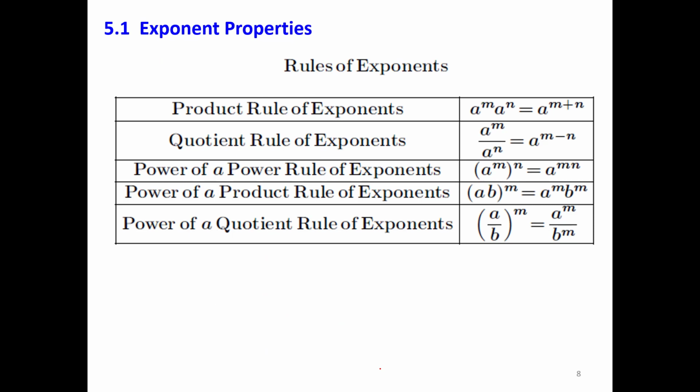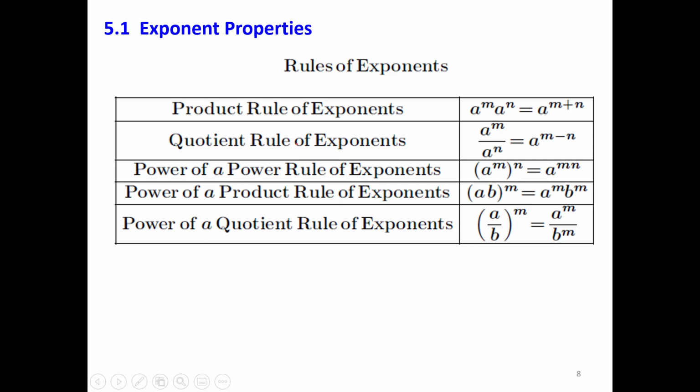Then here we summarize all the rules we have studied until now. Then we had the product rule. Yes, we can add the exponents, but we have to be careful. We can apply this rule only if we have the same base.